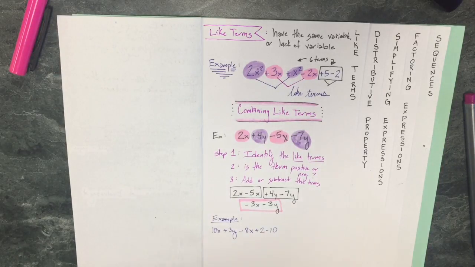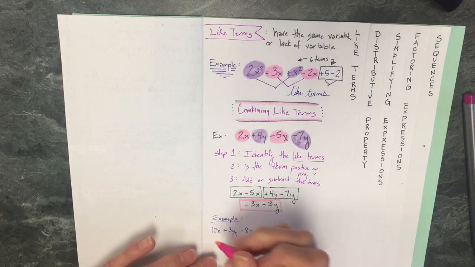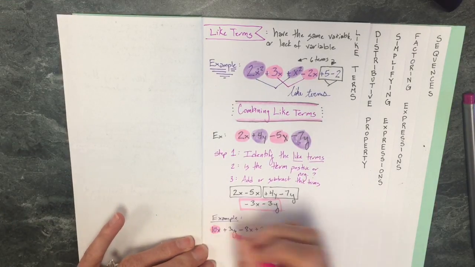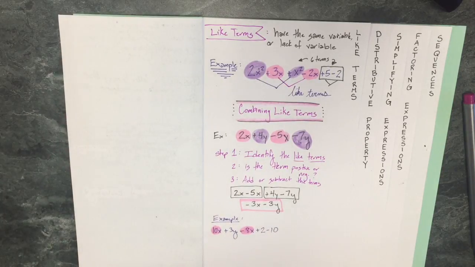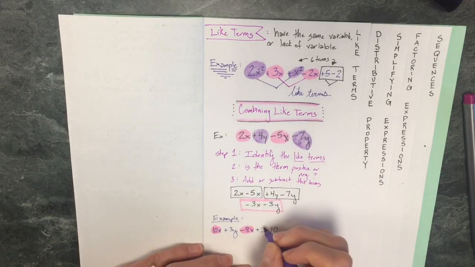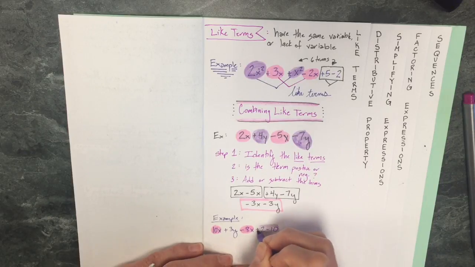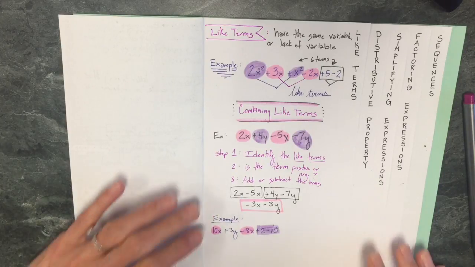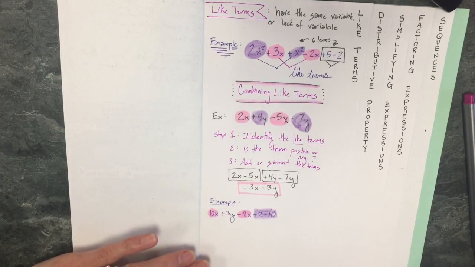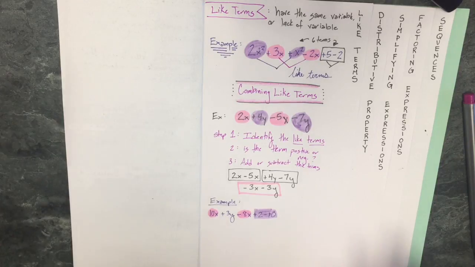Okay, so I just like to circle my like terms or use a highlighter. Got my x's. I've got my two constants, so I can put these together. But I'm not going to circle 3y because there's nothing else that I can combine it with. So I've identified my like terms.